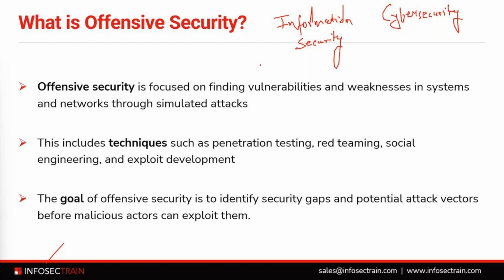So when we talk about it, information security is the universal set of security. It makes sure that wherever your data is present, it's safe and secure, be it in physical format or in digital format. Cybersecurity, on the other hand, is the subset of information security, right?